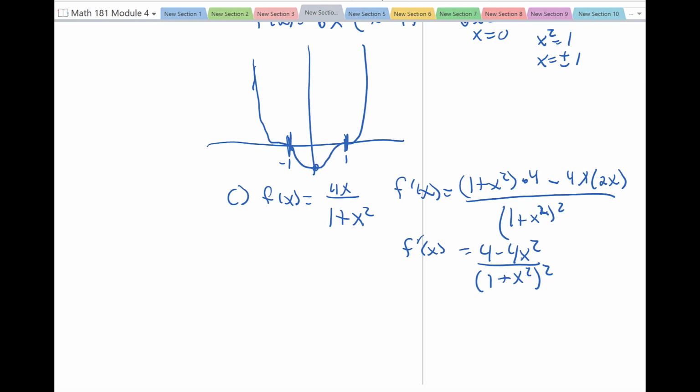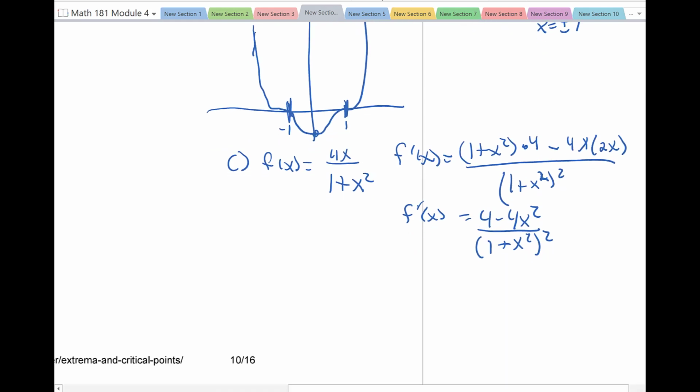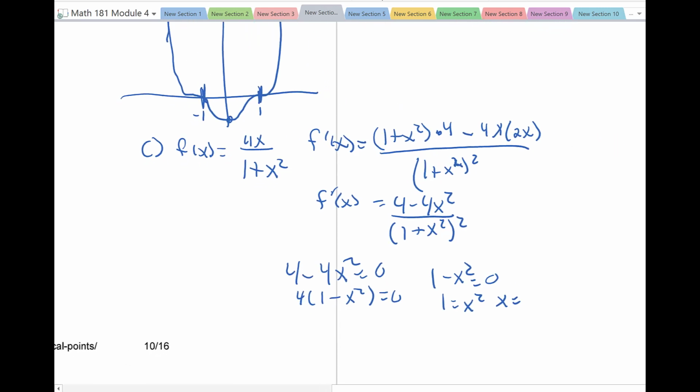The denominator won't be 0 because 1 plus x squared is always going to be positive, x being real. So we look at that 4 minus 4x squared, the numerator, set that equal to 0, and we'd have 4 times 1 minus x squared. So 1 minus x squared equals 0. So 1 equals x squared, or x equals plus or minus 1.